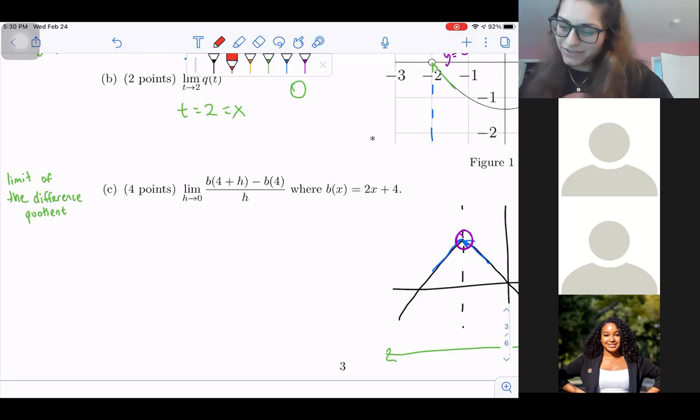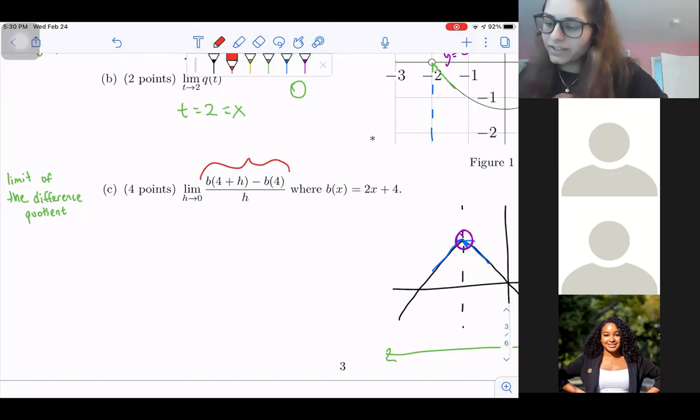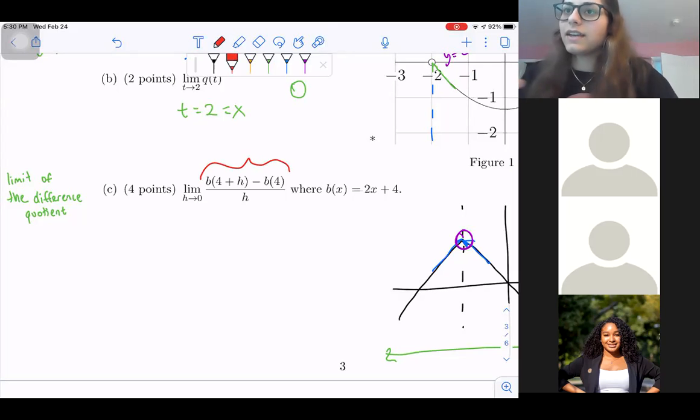Okay, so limit of the difference quotient. Right here, this is the difference quotient, and we're going to plug in b of x to find the limit as h approaches 0. Here we want to plug in 4 plus h into x, and then 4 into x. So we're going to plug in 4 plus h for this x, and then do the same thing for 4.